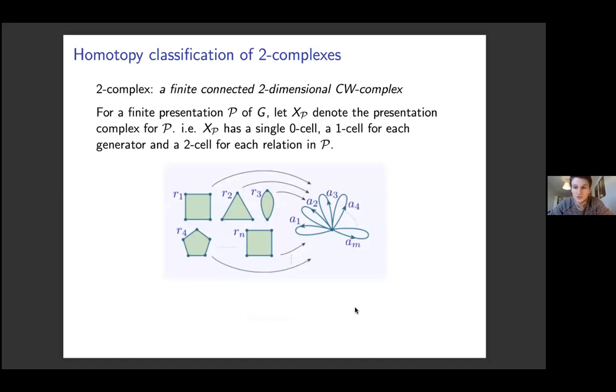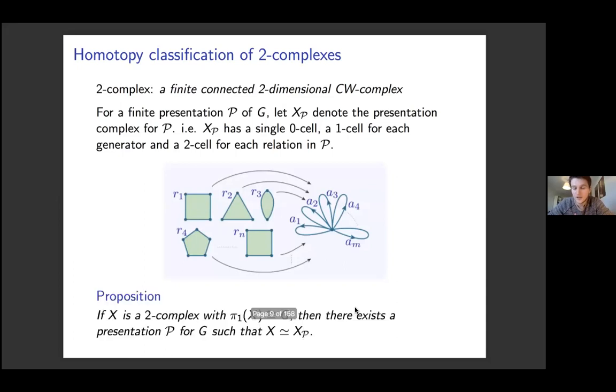And so this gives you some examples of two complexes, but actually it turns out that this gives you everything, up to homotopy equivalence. In particular, the proposition is that if X is a two complex with fundamental group G, then there always exists a presentation P for G such that X is homotopy equivalent to the presentation complex for P. How is this proven?